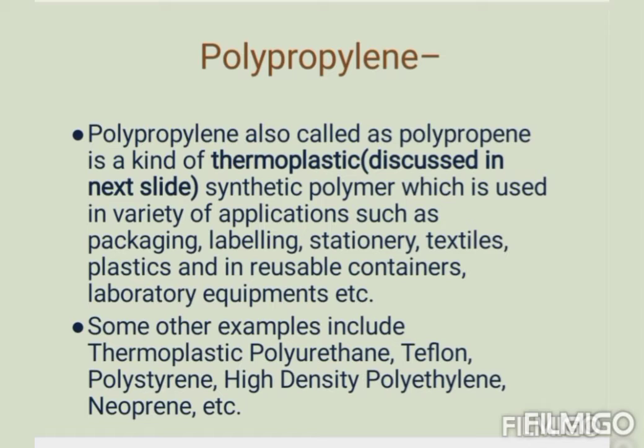This synthetic polymer is used in a variety of applications such as packaging, labeling, stationery, textiles, plastics, reusable containers, laboratory equipment, etc. Some other examples include thermoplastic polyurethane, Teflon, polystyrene, high density polyethylene, neoprene, etc.